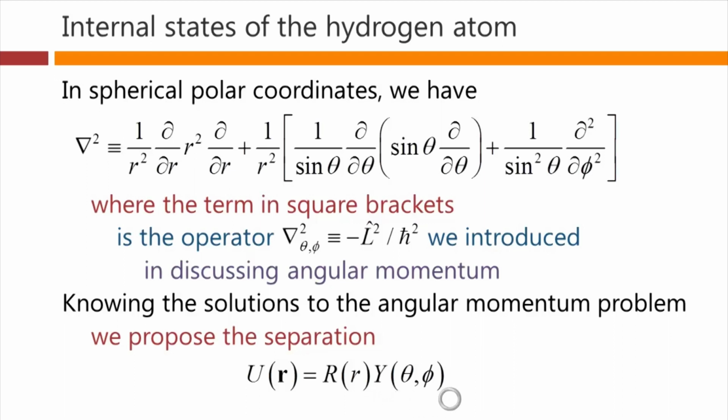Now, of course, this is actually going to turn out to be our spherical harmonic function that we already worked out. But we propose this separation, and as usual with these separations, the only justification for them is, in the end, that we find they solve the equation with sufficient generality for us. So at the moment, this is merely an intelligent guess that we could manage to factorize the function in this way.